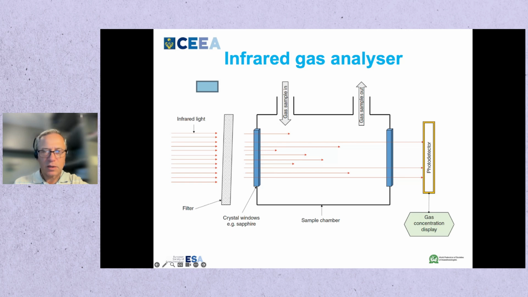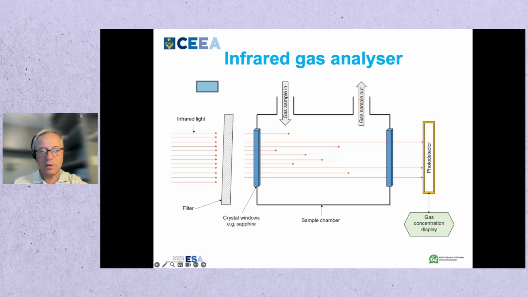to be analyzed. A glass window cannot be used as glass absorbs infrared radiation. So we use crystal window instead. Within the sample chamber, the gas present will absorb the infrared radiation. The amount of radiation absorbed depends upon the concentration of gas within the chamber.